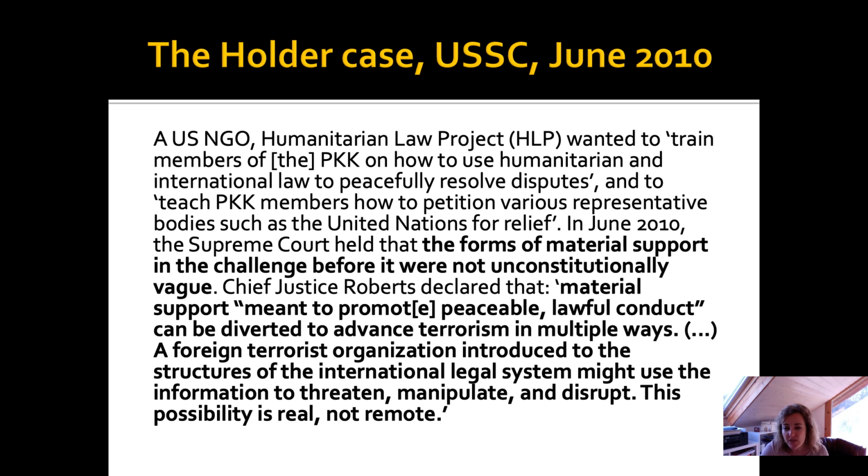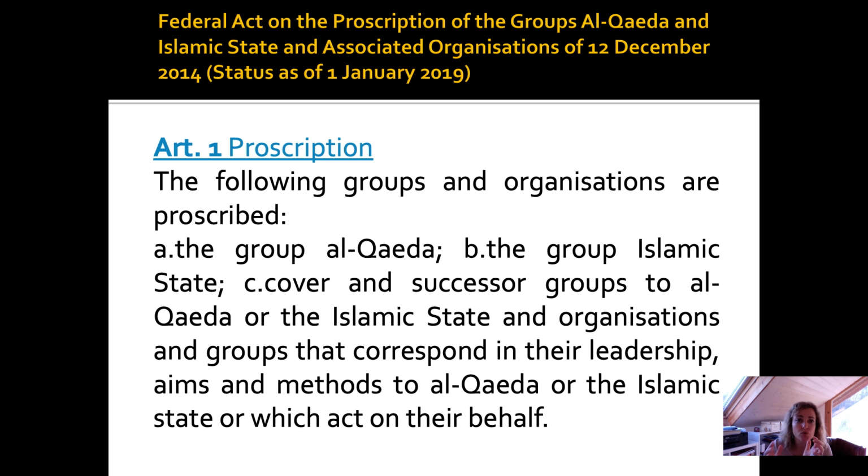Does this kind of legislation also exist in Switzerland? Well, in Switzerland, you have indeed the Federal Act on the Proscription of the groups Al Qaeda and Islamic State and associated organizations of 2014. It was not updated, actually, sorry, but I gave you the latest status of this piece of legislation.